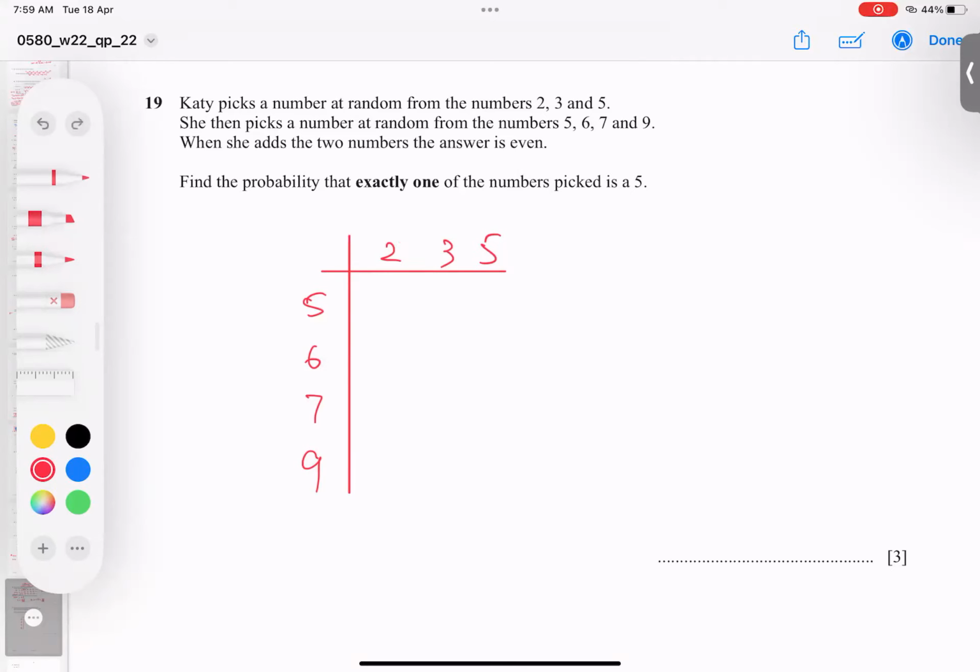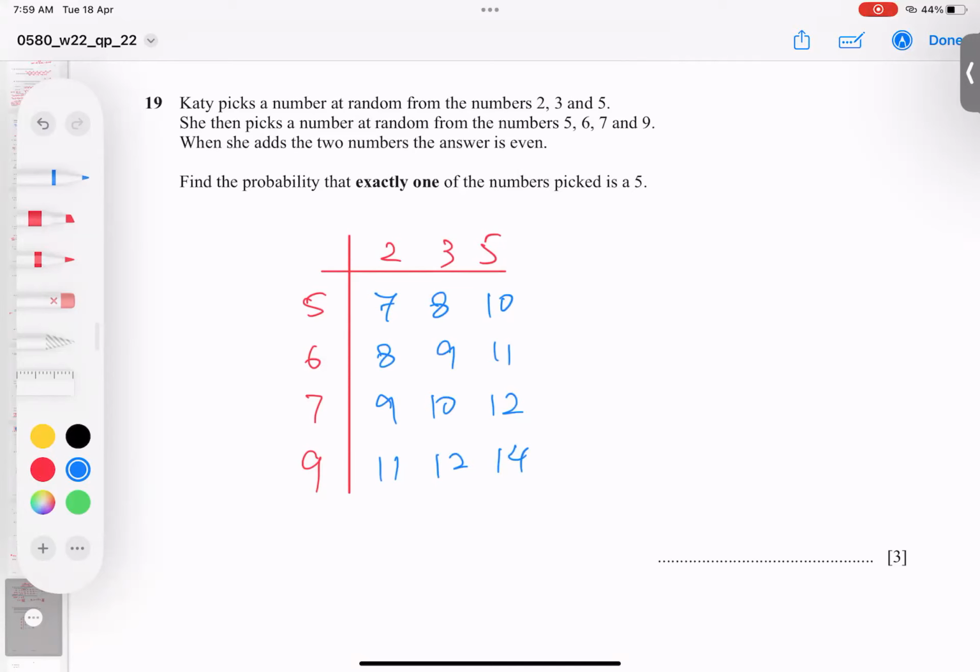So 5 plus 2, you add, you get 7, and 5 plus 3, you add, you get 8, 5 and 5 add 10, so 8, 6, 3, 9, 11, 7, 2, 9, 7, 3, 10, 7, 5, 12, 9, 2, 11, 9 plus 3, 12, 9 plus 5, 14.